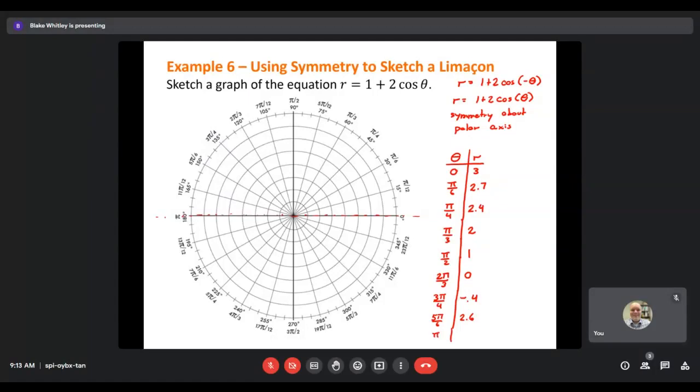And then we said pi is the last value we need to worry about. Oops, sorry, I messed that one up. 5 pi over 6 should actually be negative 0.7. And then pi should be negative 1. Okay.